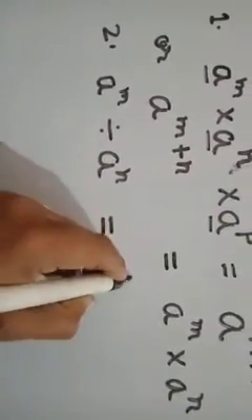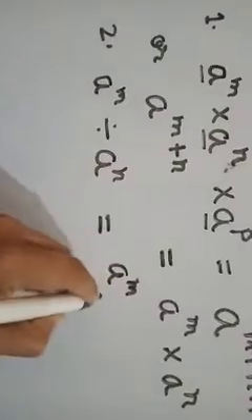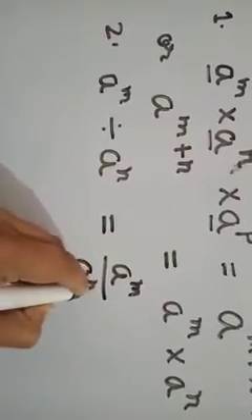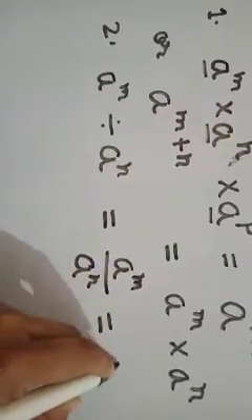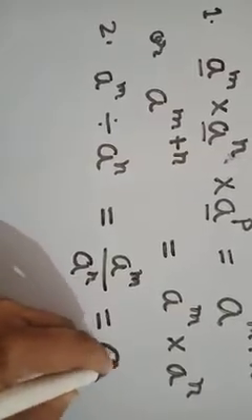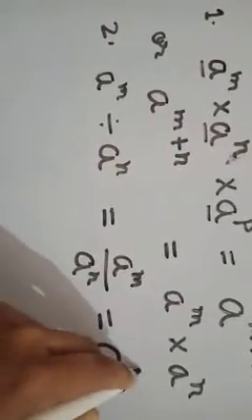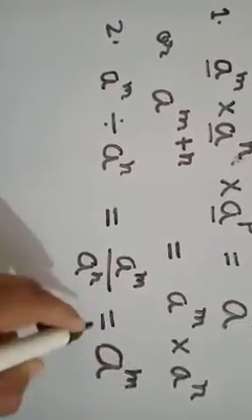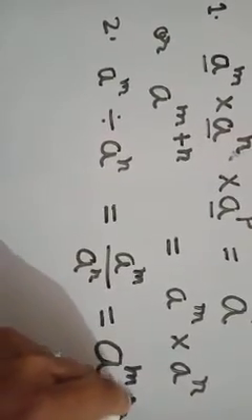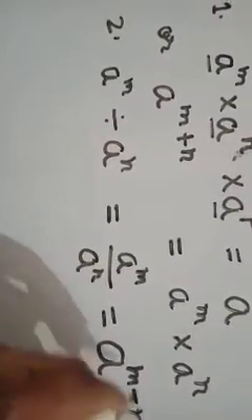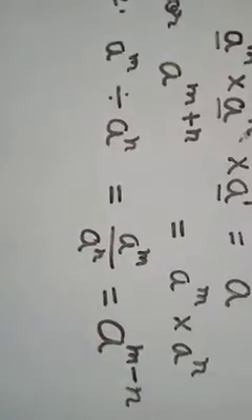This is also noted like this: a raised to the power m over a raised to the power n. We note down the common base a and subtract the denominator power from the numerator power when m is greater than n.